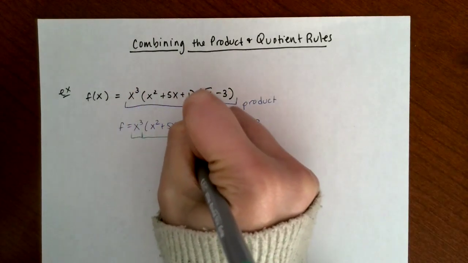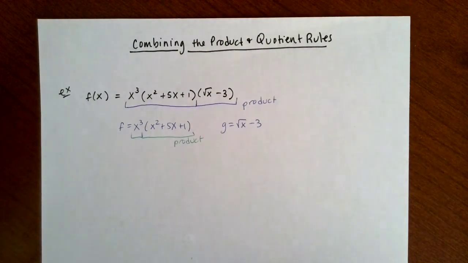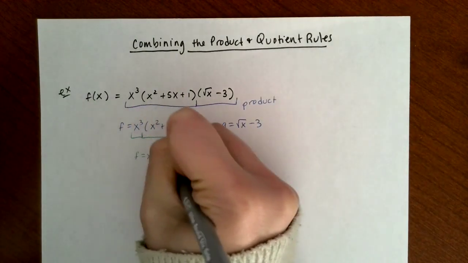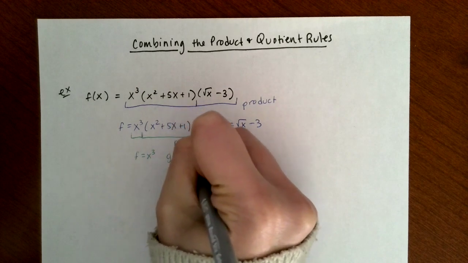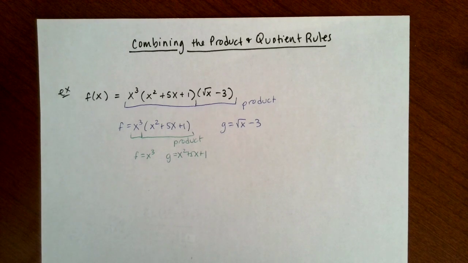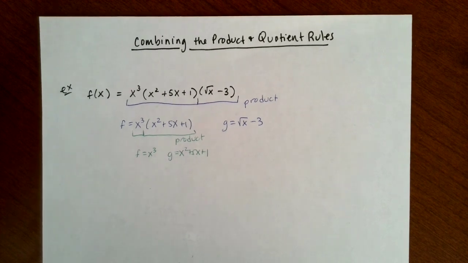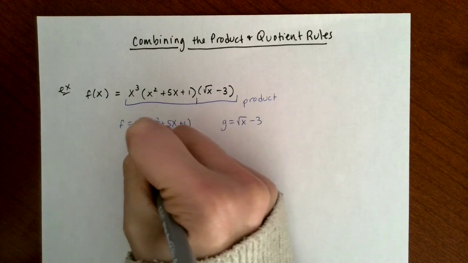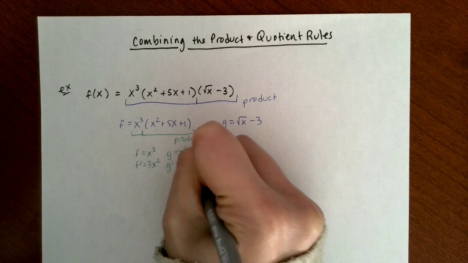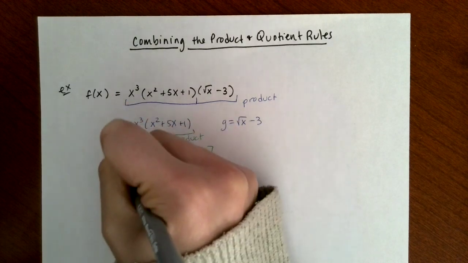I'm going to switch colors, identify the product rule, and now I can separate out x cubed as one function, x squared plus 5x plus 1 as the other. Each of these I can differentiate just using the power rule. We get 3x squared for f prime, 2x plus 5 for g prime.